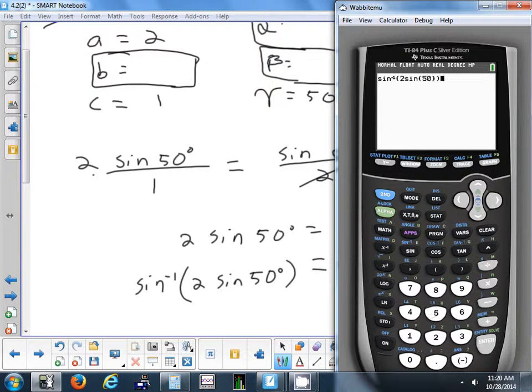Okay, if we type it in, we do get a domain error. And that's because of the value of 2 sine 50. Just look at how big 2 sine 50 is. It's 1.53.